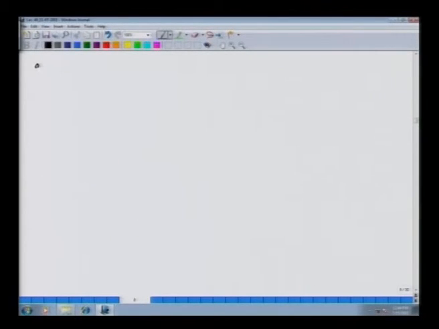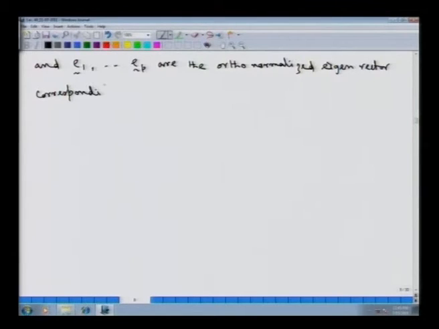and E1, E2, EP are the orthonormalized eigenvectors corresponding to rho 1 star square, rho 2 star square, rho p star square.